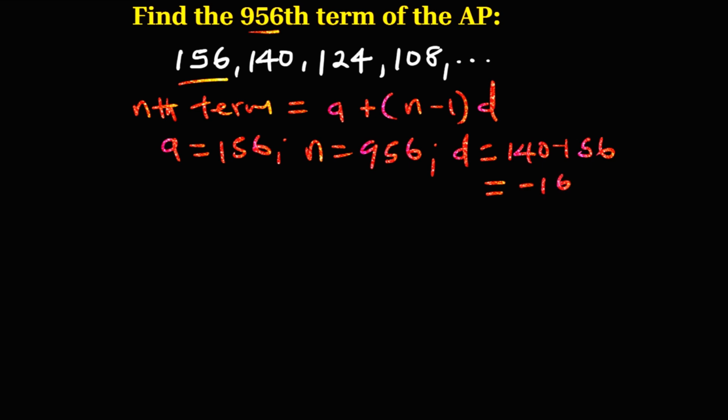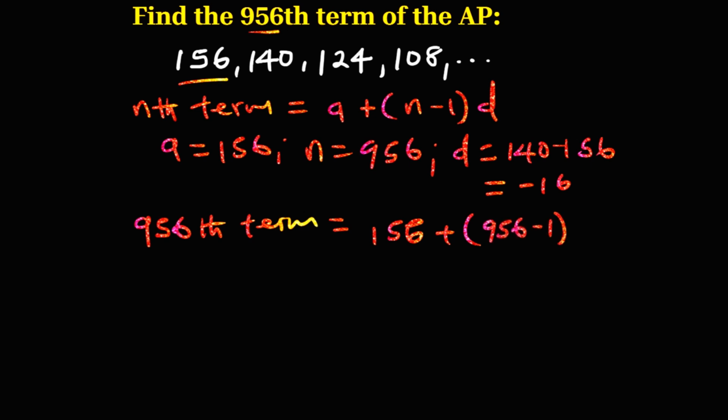So now, the 956th term, let us just write: 956th term will be a, and a is 156, a plus in bracket n, and n is 956 minus 1 times d, and d is minus 16.